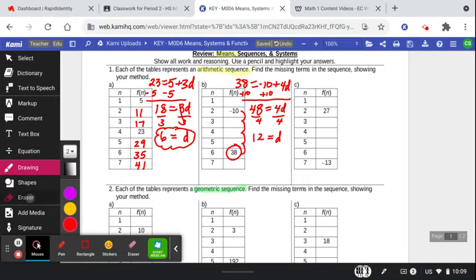So this time our common difference is 12. So we say negative 10 plus 12, use a calculator if you need to, is 2. 2 plus 12 is 14, plus 12 is 26, plus 12 does give me 38. 38 plus 12 gives me 50.